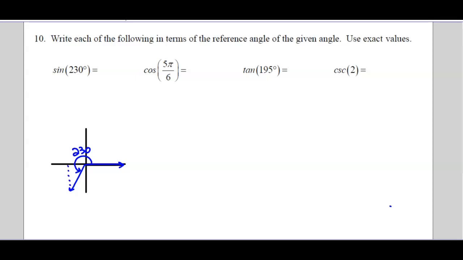Think of the triangle that's drawn. If we're finding sine, we want the y value over the hypotenuse of that triangle, or the radius of the circle. In terms of the reference angle, that's this here, right?